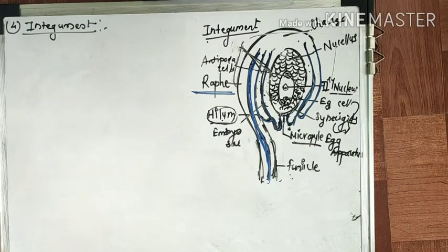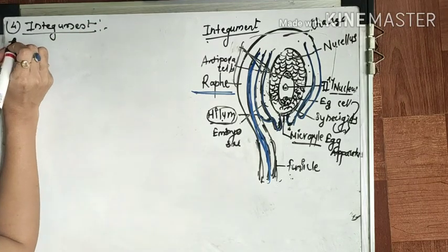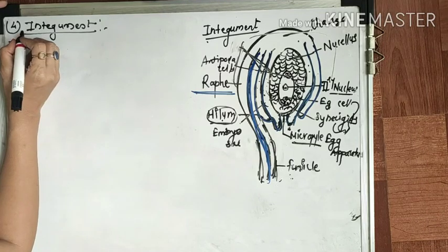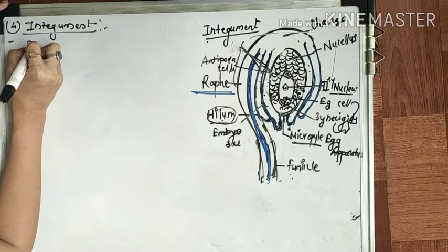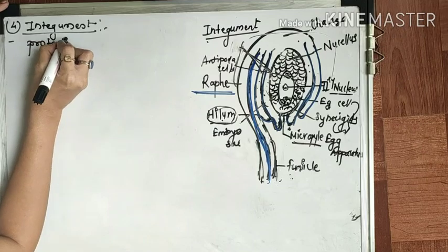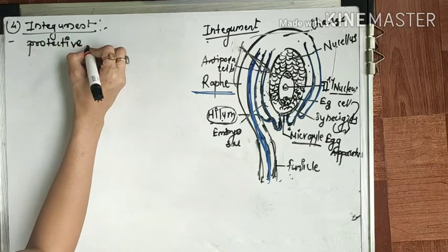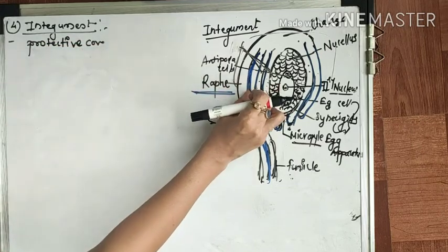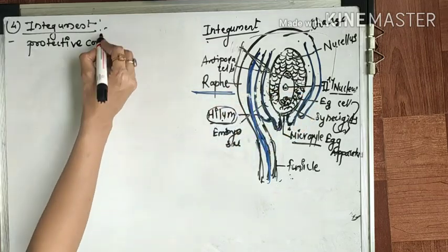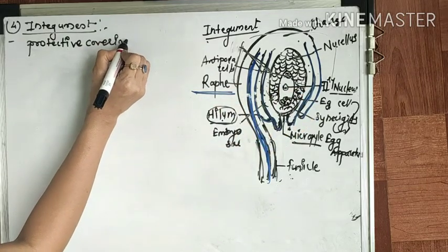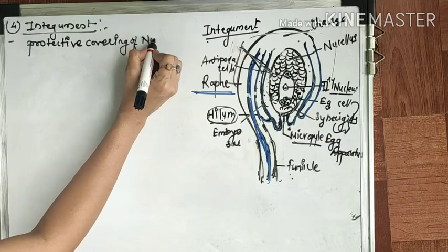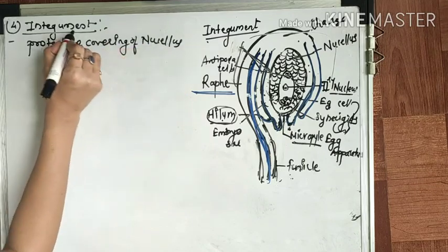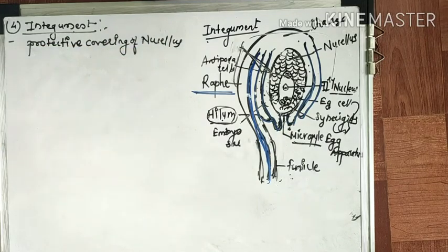What is the integument? Just now I told you, it is nothing but the protective covering of the nucellus, and the protective covering of the nucellus is known as the integument.